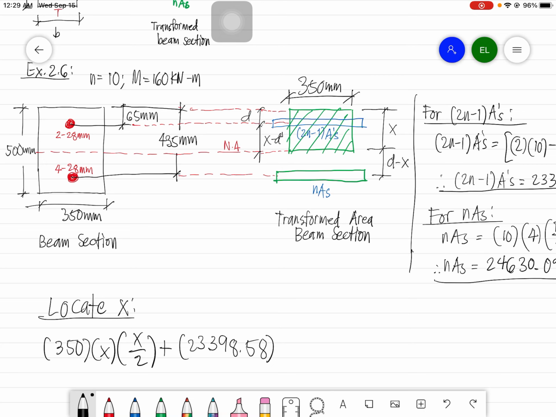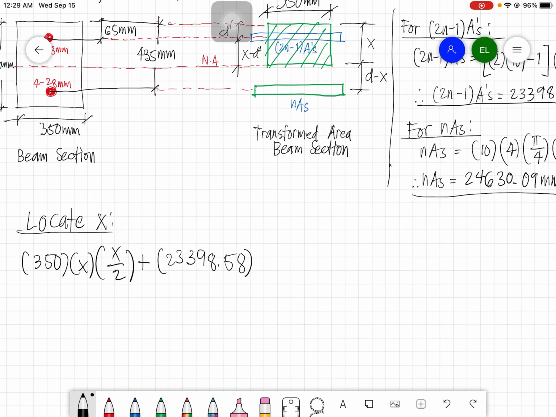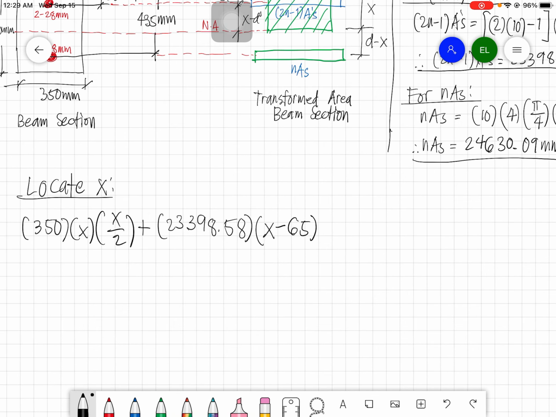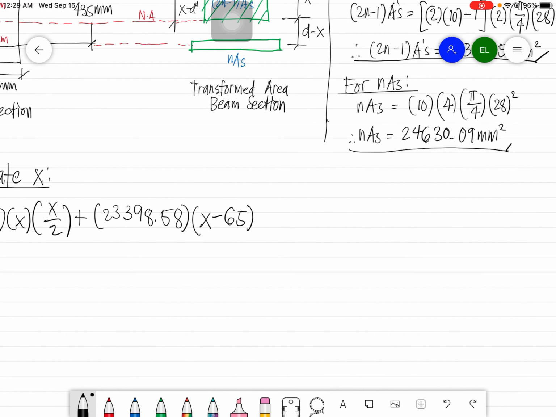Now since this is d prime, x minus d prime is x minus 65. Okay, so that is for the compression area.